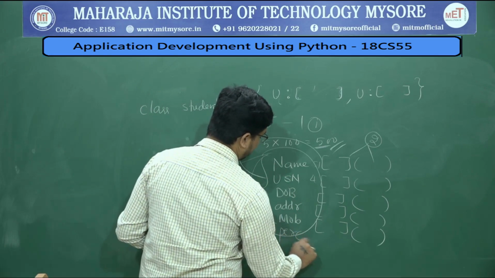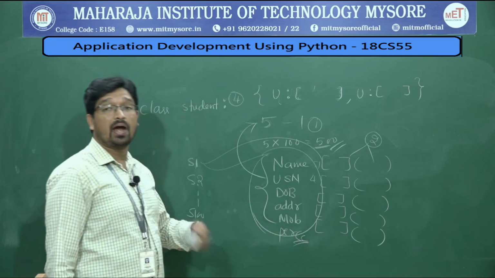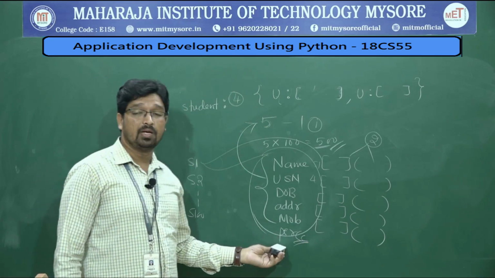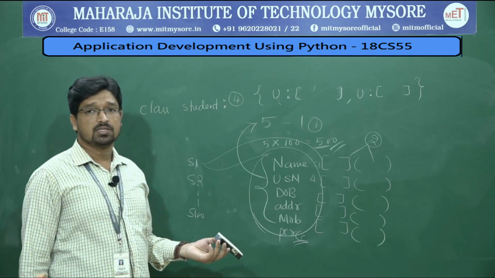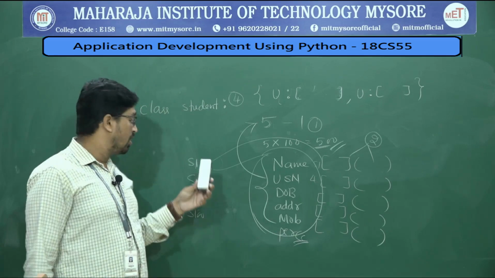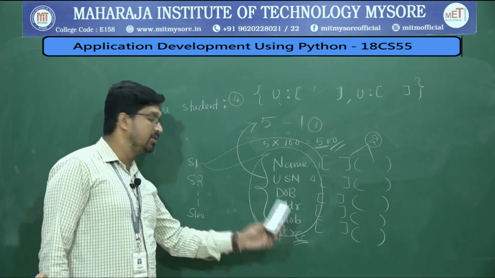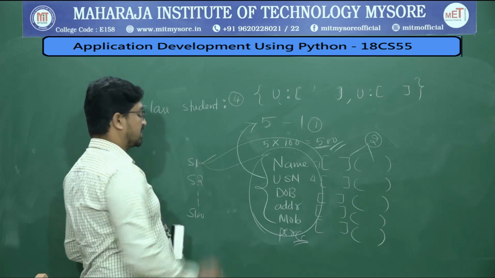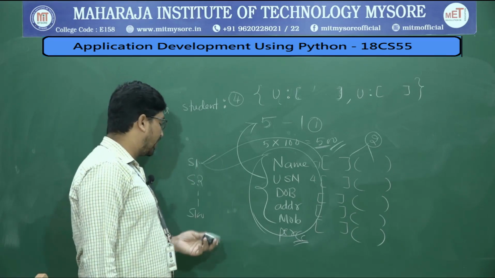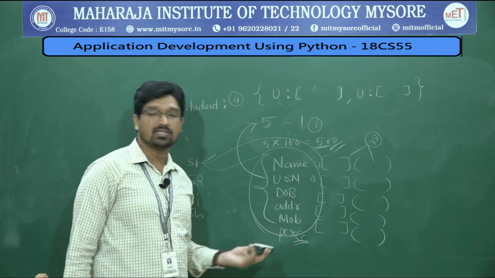In that time, I can add a new member also without affecting other objects. The only catch is that all the other objects need to update this particular member, because S1 will not be having percentage. So all the variables 1 to 100 need to update this percentage.